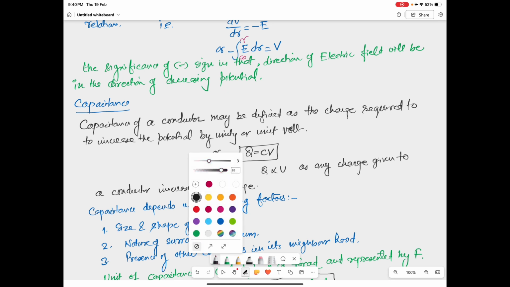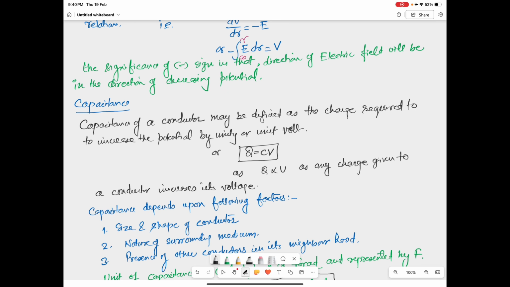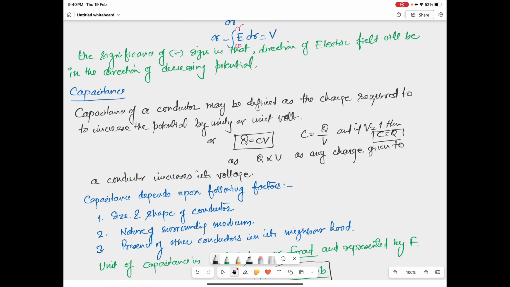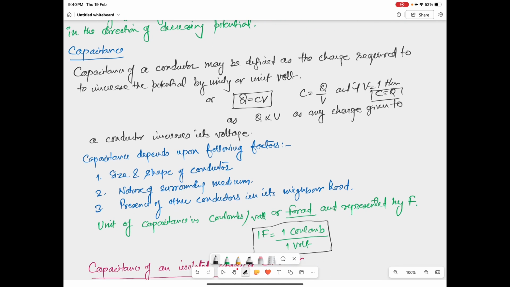You can understand this: C is equal to Q upon V, and if V is equal to 1, then C is equal to Q. So this is what the definition of capacitance says.